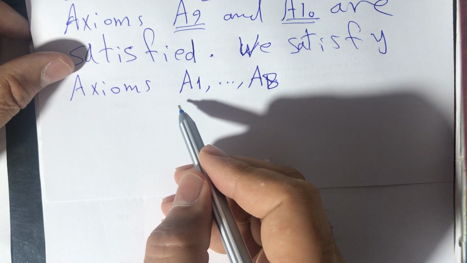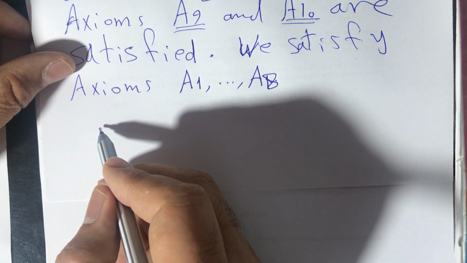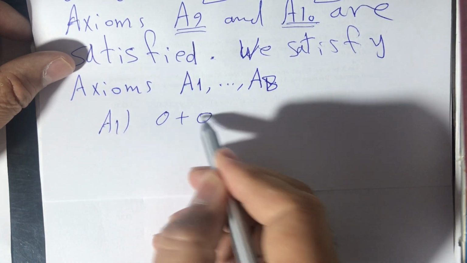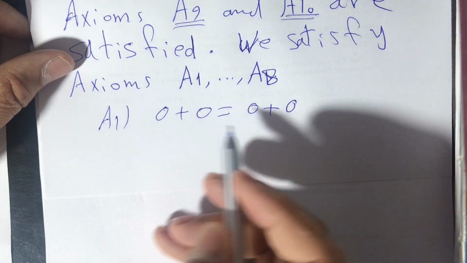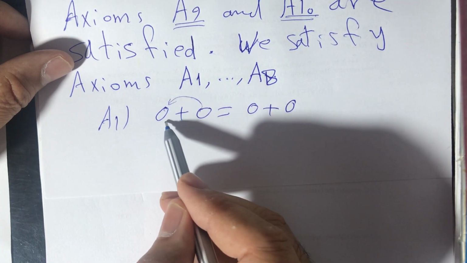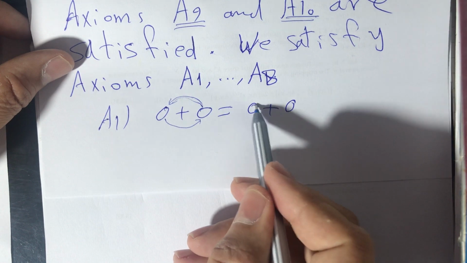This is satisfied because A1: 0 plus 0 equals 0 plus 0, this is commutative. Move this here and move this here, the same will be the same.